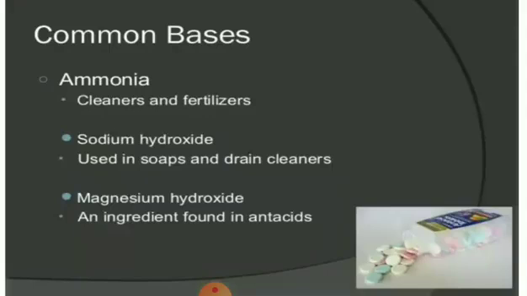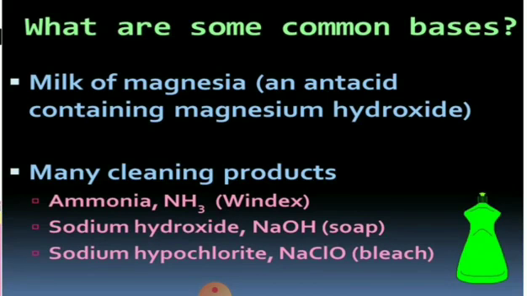Do you follow, students? So let us see some common bases. Ammonia is used as a cleaner and in fertilizers. Sodium hydroxide is one of the bases, used in soaps and drain cleaners. Magnesium hydroxide is a base, an ingredient found in antacids. Milk of magnesia is an antacid containing magnesium hydroxide.